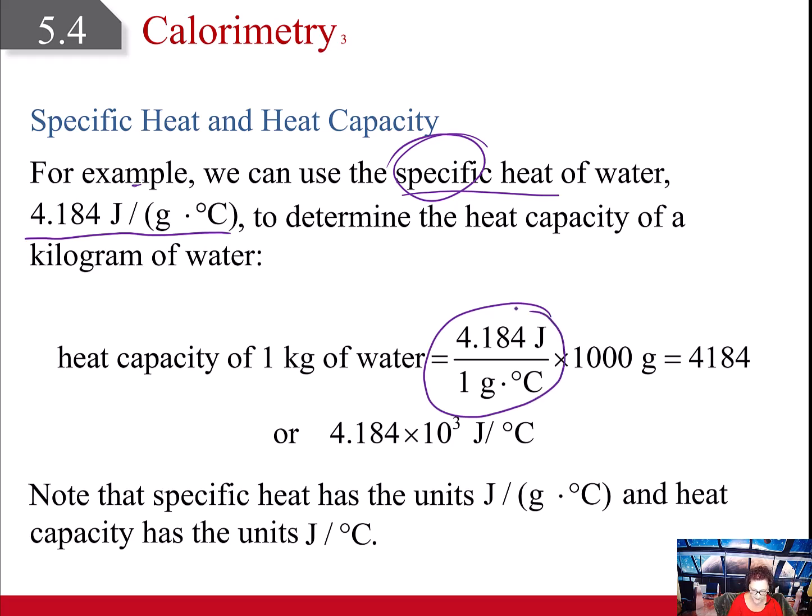The specific heat is joules over gram degree C, and heat capacity is joules per degree C. So make sure you understand that they have different units, okay?